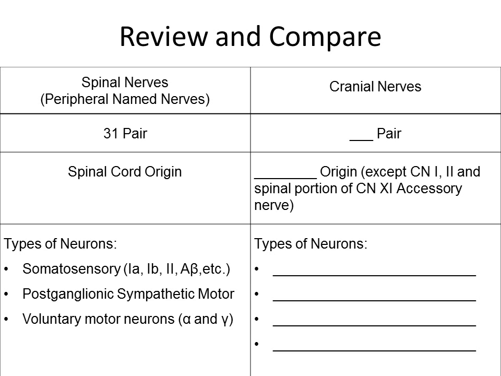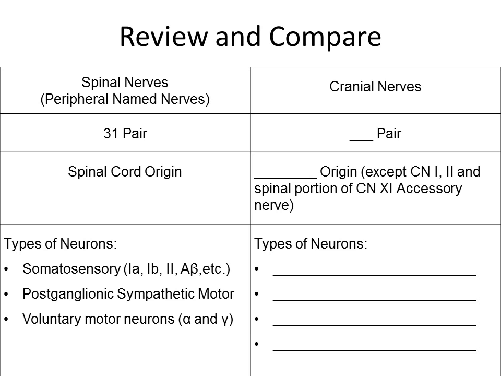These would be the branches of the brachial plexus and the branches of the lumbosacral plexus, and then those dorsal and ventral rami that innervate the walls of the trunk. But in the first couple of rows, this is going to be speaking more to that spinal nerve where the dorsal and ventral rami meet to create that spinal nerve.